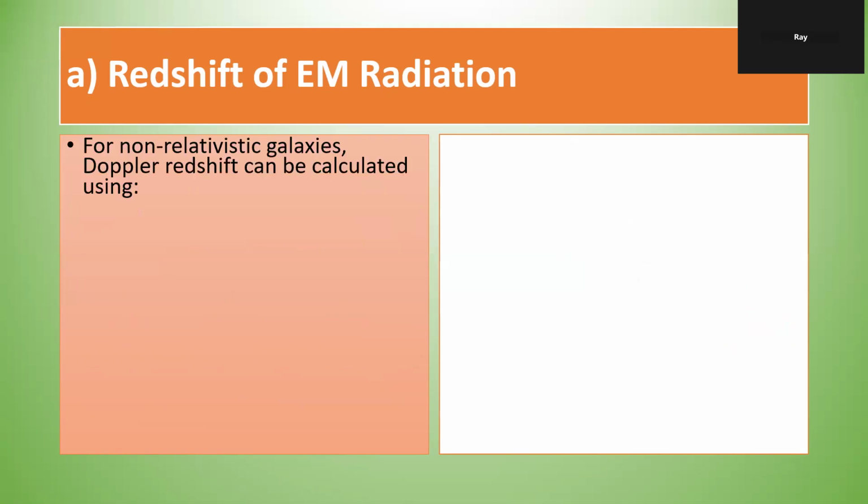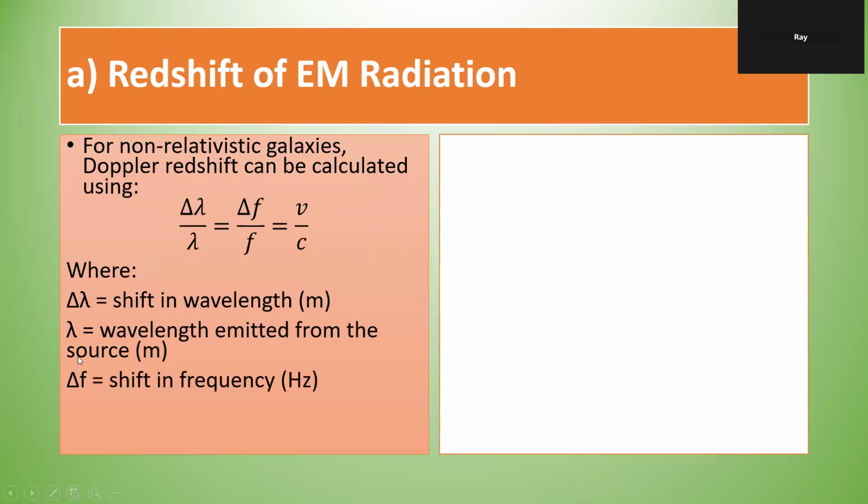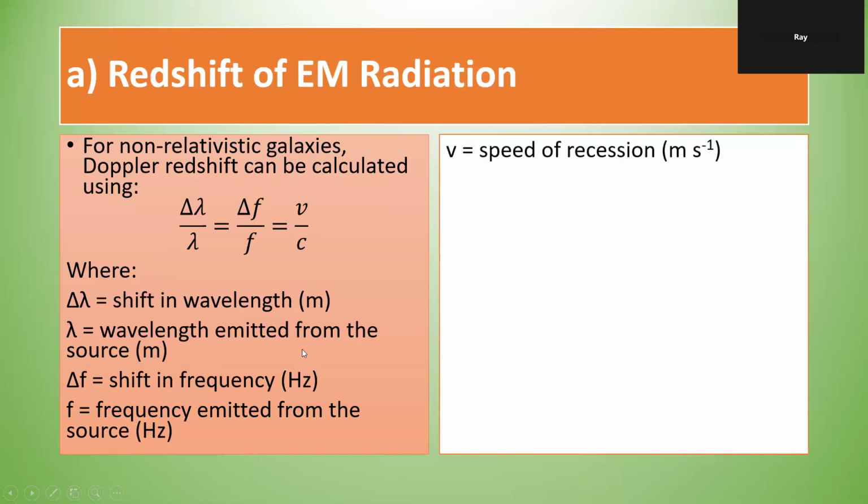Here, delta lambda is the shift in wavelength. Lambda is the wavelength emitted from the source, not the original wavelength. Similarly, delta f is the shift in frequency. f is the frequency emitted from the moving source. v is the speed of recession of the galaxy. c is the speed of light in vacuum.